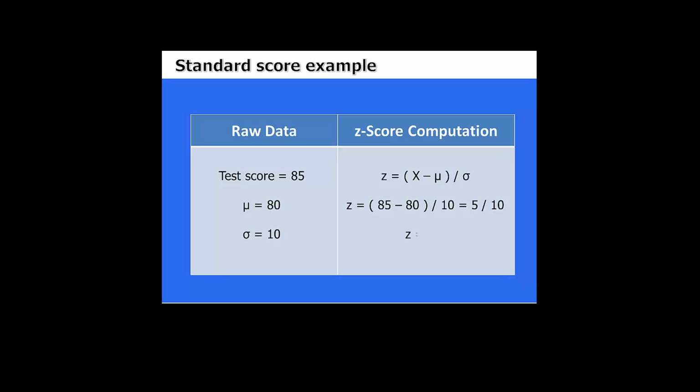Thus, Z equals 0.5. In this example, a raw test score of 85 is equal to a Z-score of 0.5.